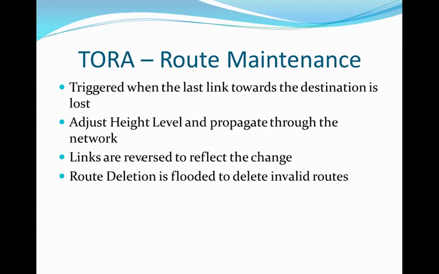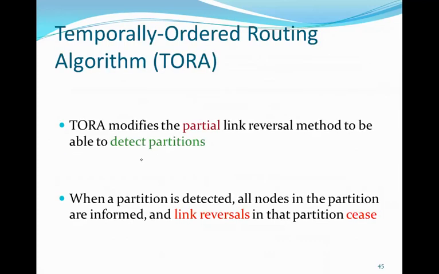Once the links are reversed to reflect the change, the route deletion is flooded to delete the invalid route. For example, once they have exploited all the possible solutions and couldn't find the possibility to connect with the destination node, they will automatically delete this route from their routing table.